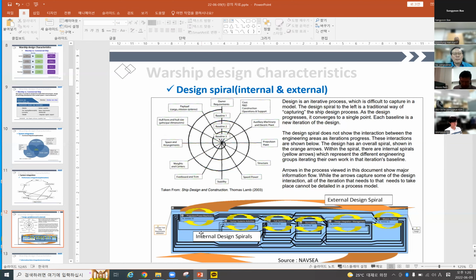For example, the human systems, survivability, and the design, things like that, all consider the external design spiral.